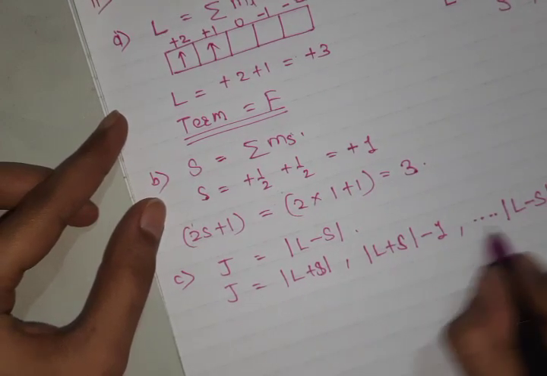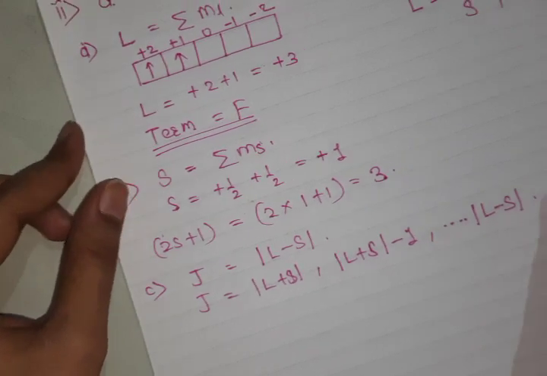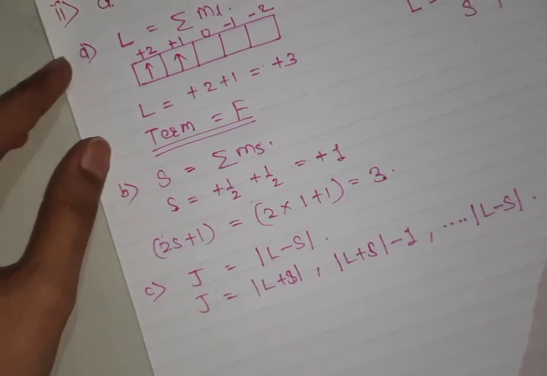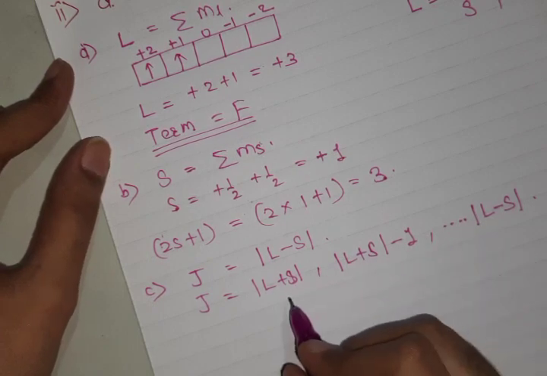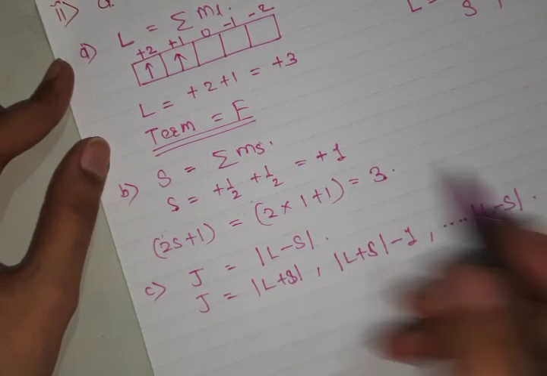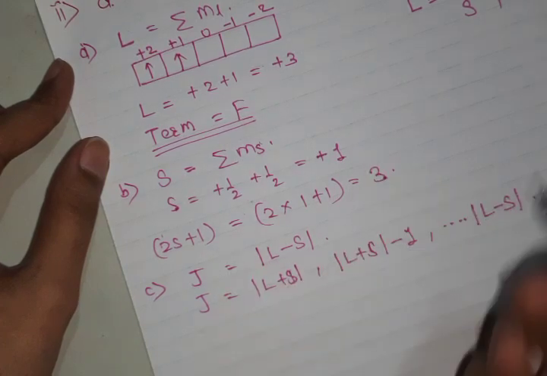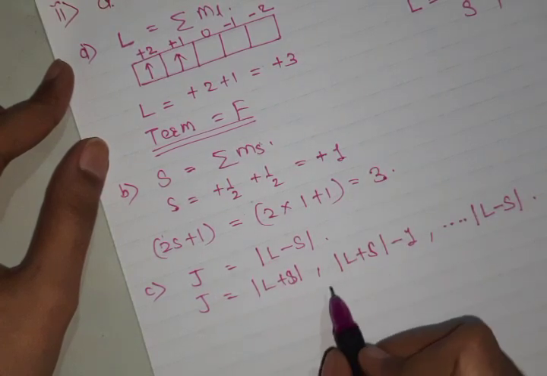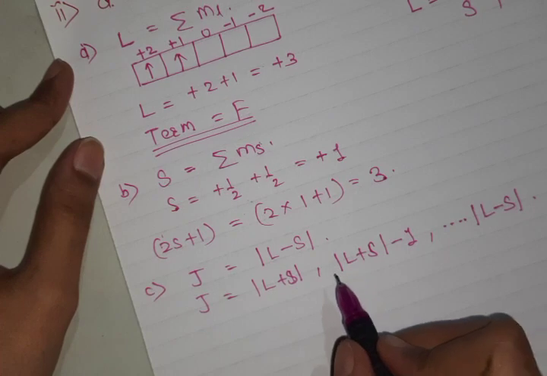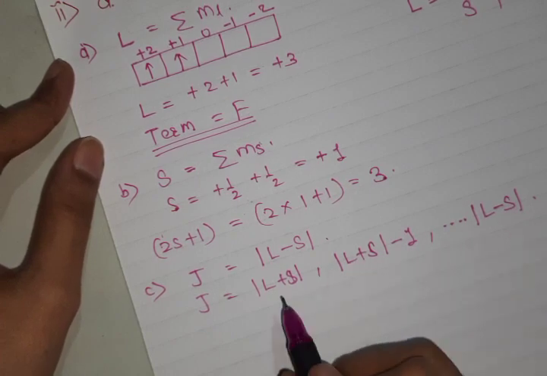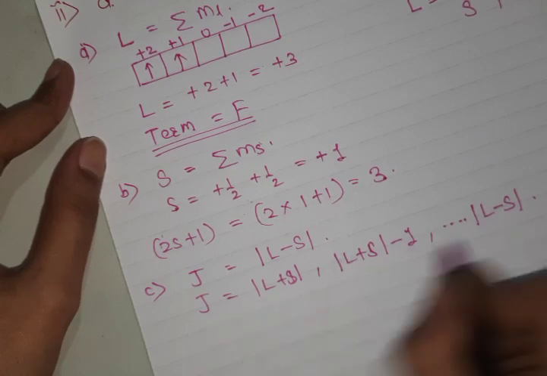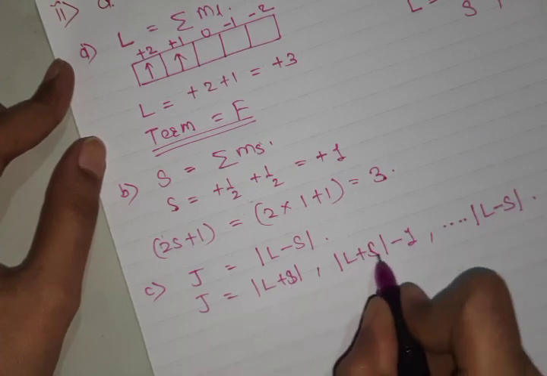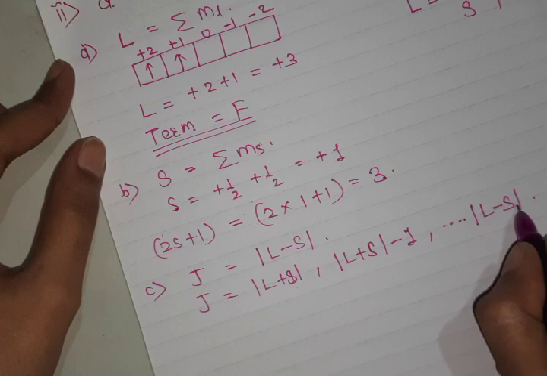But you can calculate the possible J values. Sometimes in examinations like CSIR NET, GATE or SET, the question is asked like this: the number of possible J values for this electronic configuration. At that time you have to use this formula: L plus S minus 1 up to L minus S.